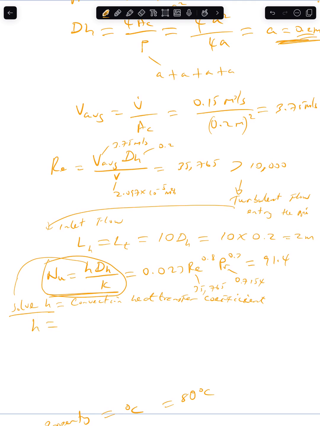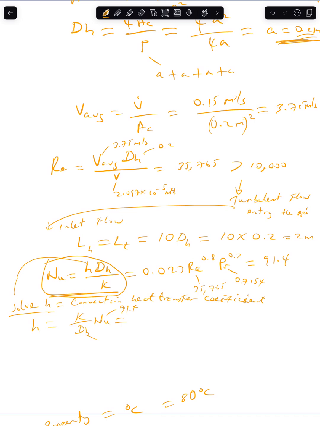H is going to be K over the hydraulic mean diameter times the Knudsen number. In that case, I'm going to have this, which I know was equal to what? 1.4, and this is equal to what?